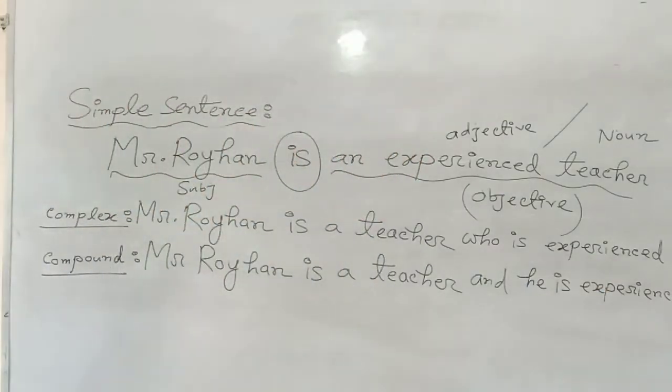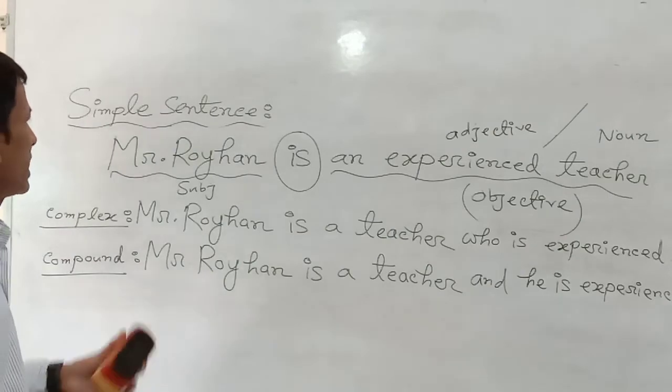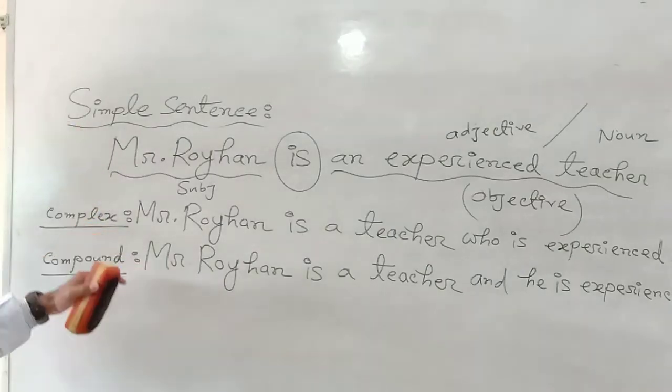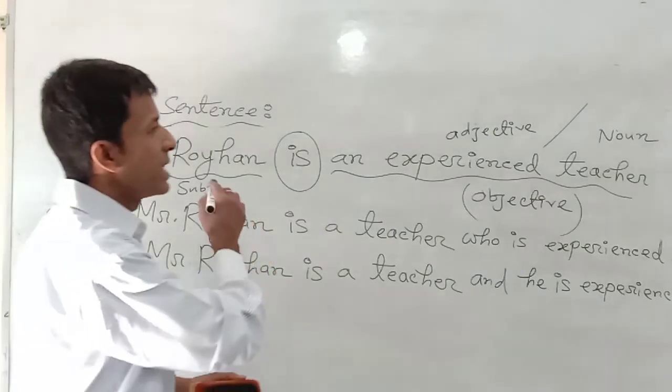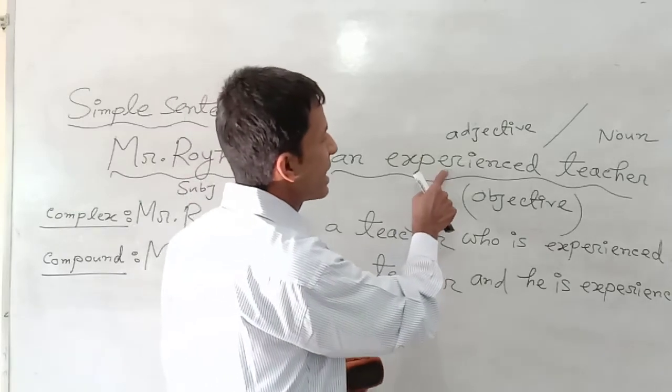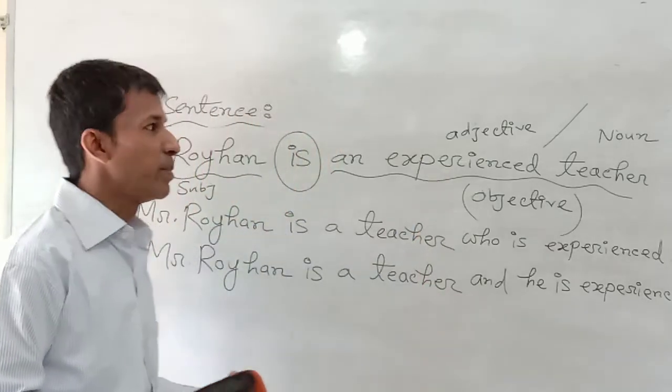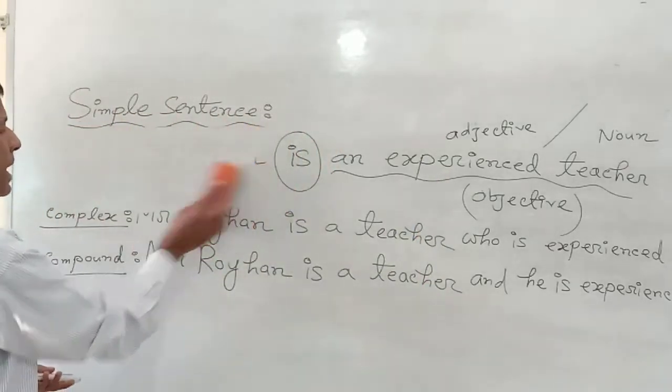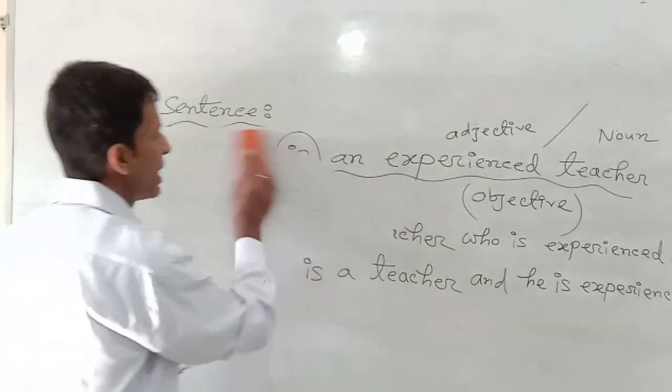But you may ask me the question, in what way the simple sentence can be transferred into complex and compound if the adjective is absent in the simple sentence. Now I will illustrate this type of sentences.